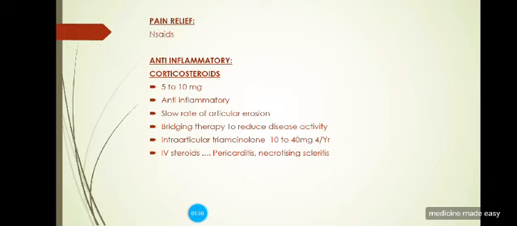Then for starting with anti-inflammatory drugs, corticosteroids are first of all given, that is prednisolone 5 to 10 mg if multiple joints are involved. If a single or two joints like the knee are involved, we can go for intra-articular triamcinolone injections. We are giving corticosteroid because it's basically a bridging therapy to reduce the disease activity and the inflammation, as DMARDs are slow in action, they will take a certain time to show their activity.